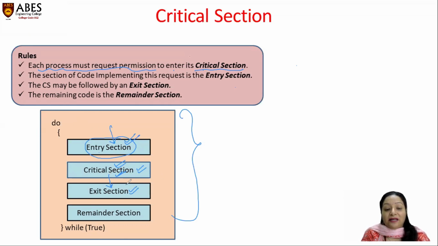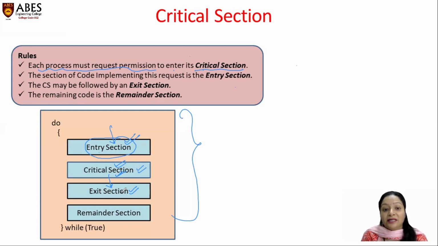The exit section basically defines that whenever the process comes out of the critical section, the other processes should know about this so that they can now enter the critical section. So whenever a process comes to the exit section, the remaining processes will come to know that now the critical section is available.